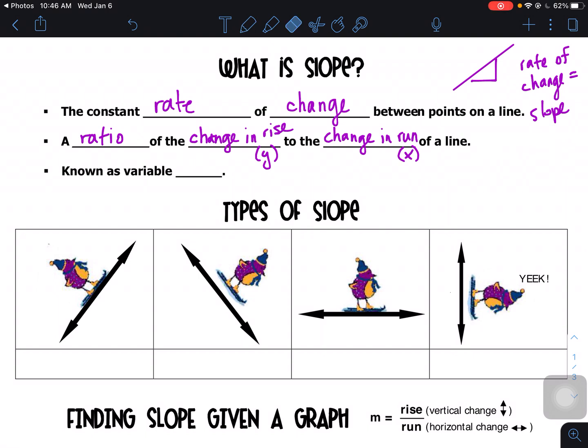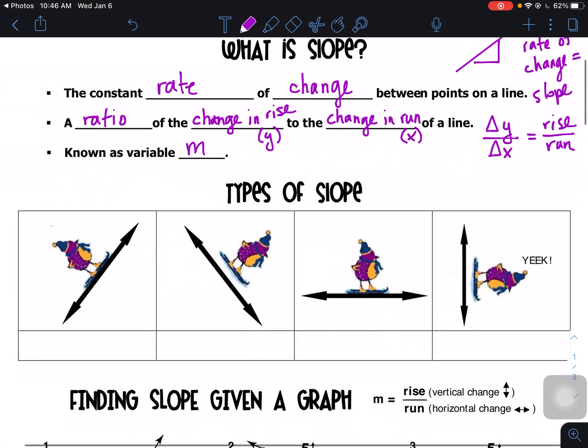So remember, just like rate of change, we are also often looking at the change in y over the change in x, which is also known as how much are we rising over our run. And we often use the variable m to represent slope.